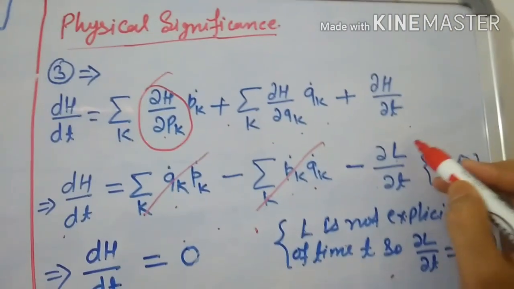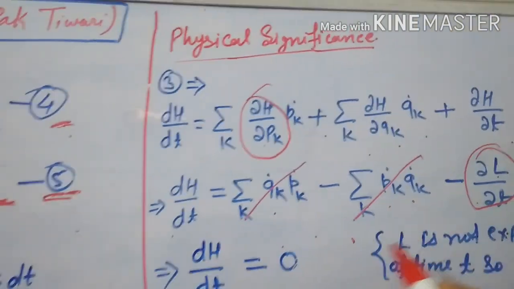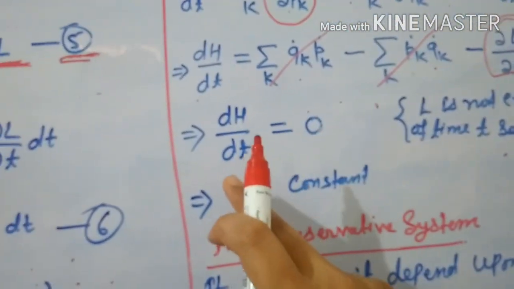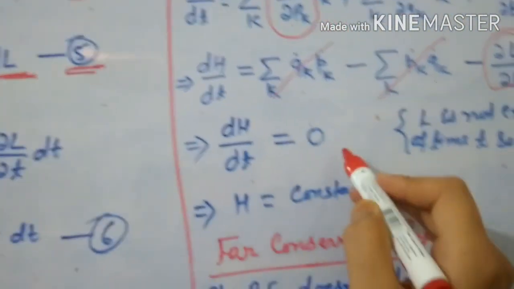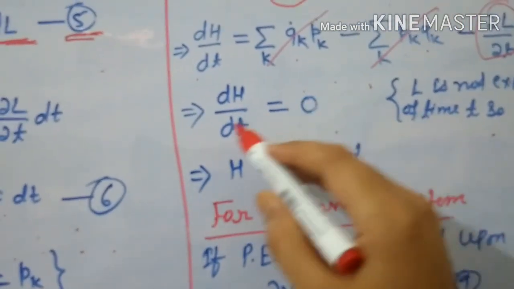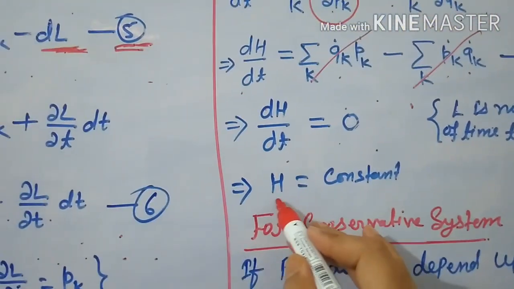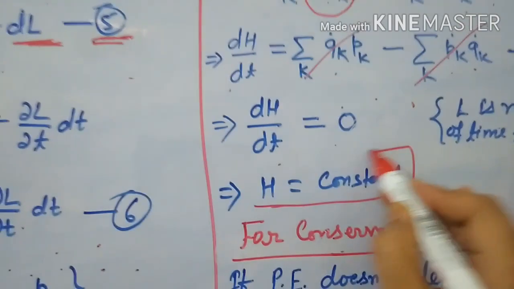That means this term will be 0. So the remaining term may be written as dH/dt is equal to 0. On integrating this, we get H is equal to constant.